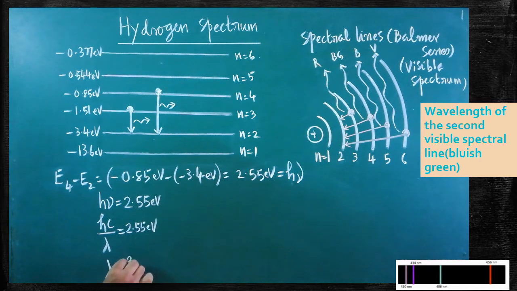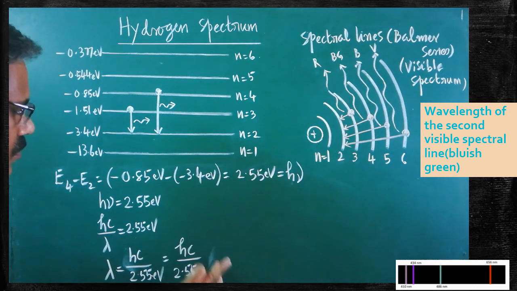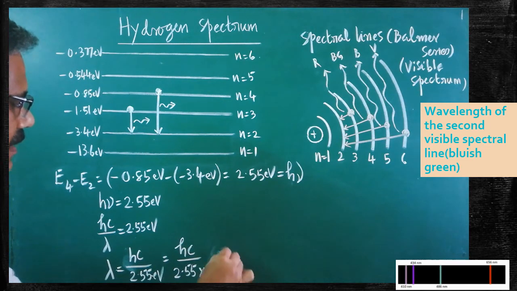Lambda is equal to, here cross multiply this. How will you get it? hc divided by 2.55 electron volt can be written as hc divided by 2.55 into, here that electron volt value must be converted into joule, 1.6 into 10 to the power of minus 19.